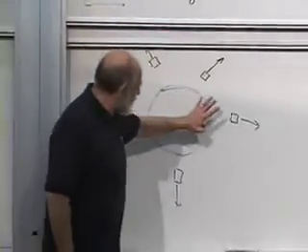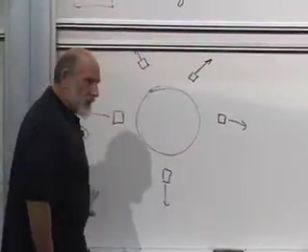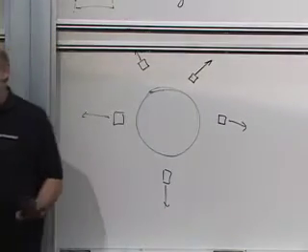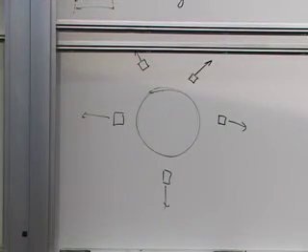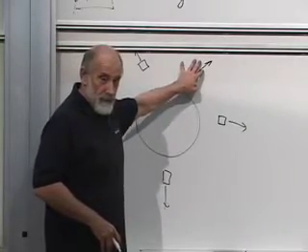The acceleration has to be this way over here, this way over here, this way over here. So there's certainly no sense in which the full gravitational field of the Earth can be replaced by saying you're in an accelerated reference frame.